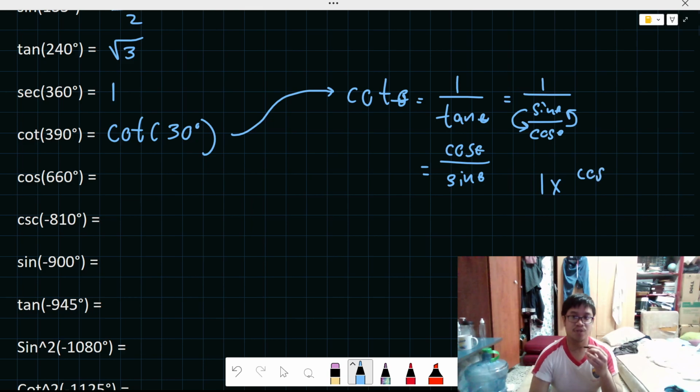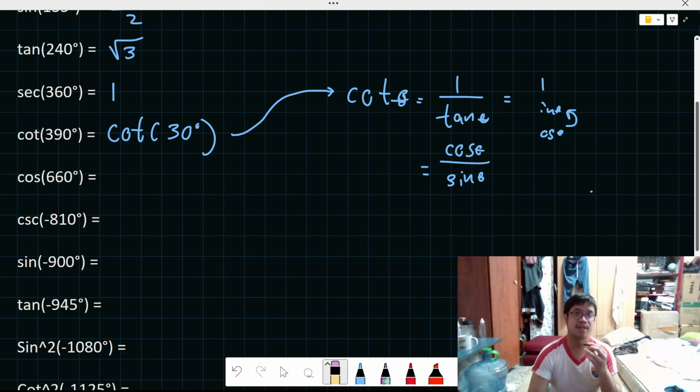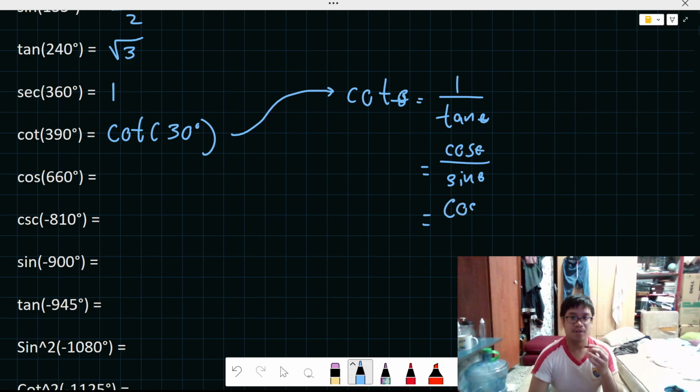So you will have cosine theta all over sine theta. And this is the result. So point being, cotangent theta is just the same as cosine theta all over sine theta. And because of that, we can simply rewrite cotangent of 30 degrees as cosine of 30 degrees all over sine of 30 degrees.